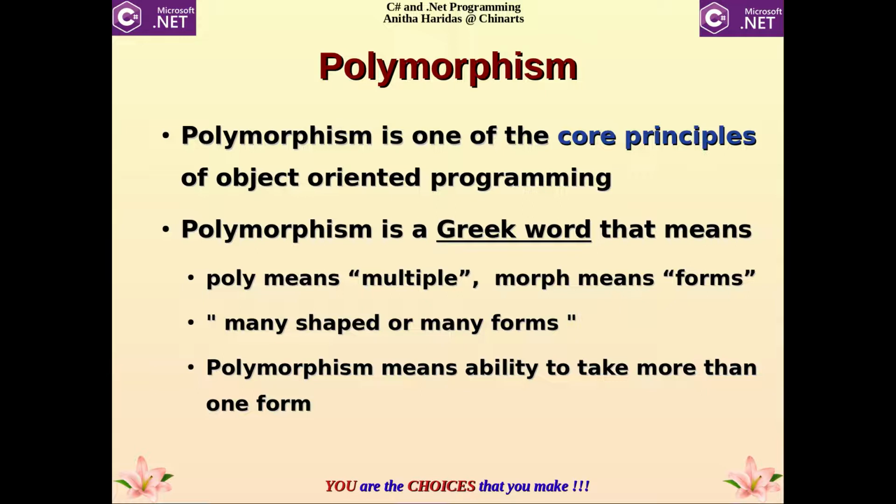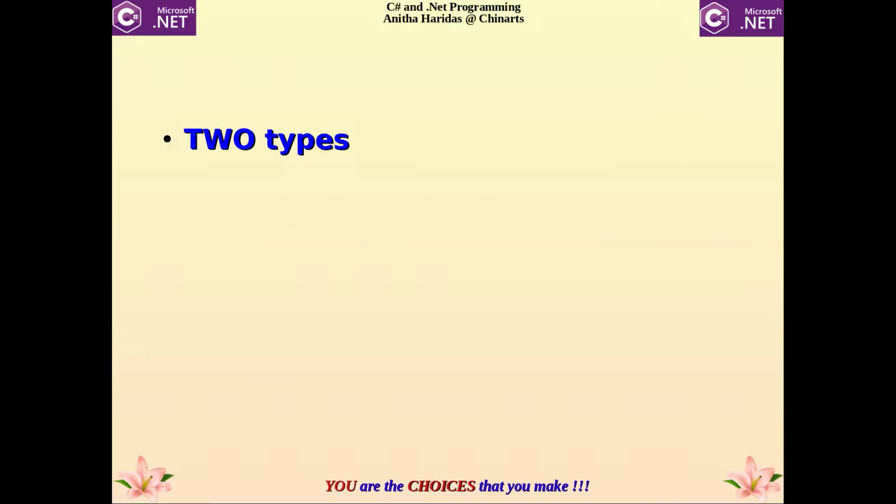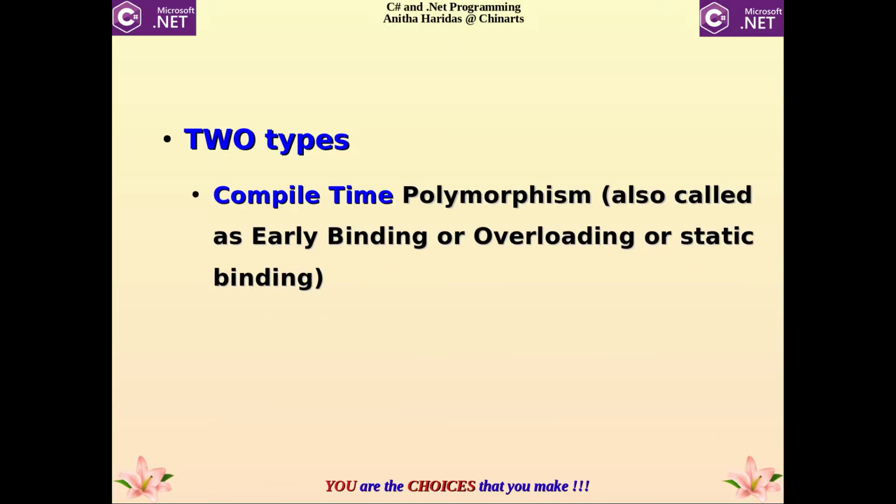Polymorphism is a Greek word that means multiple forms, or many shaped. So polymorphism means the ability to take more than one form. In a programming language, there are two types of polymorphism. One is called compile time polymorphism.